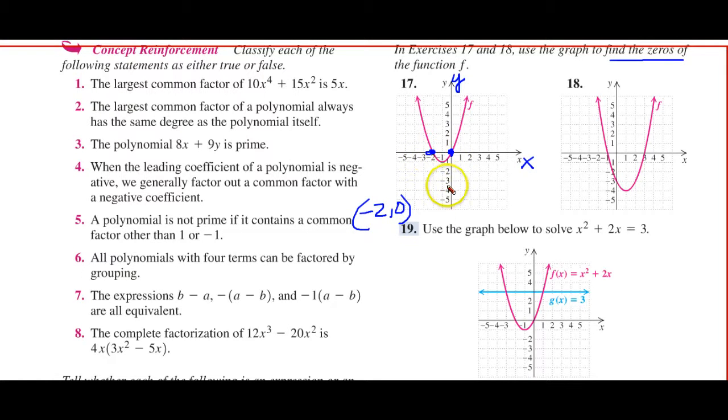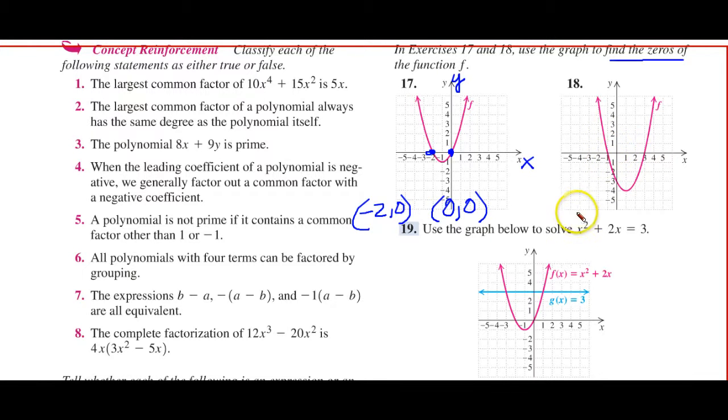And here, it's actually going through the origin, which is 0, 0. So when your y value is 0, then that is the x value when we are finding the zeros of a function. So it's easy to sort of pick them up right from the graph.